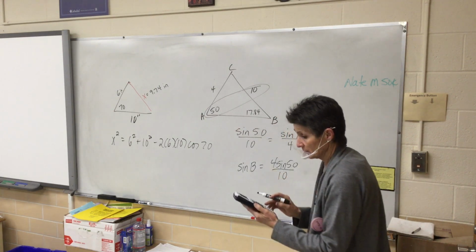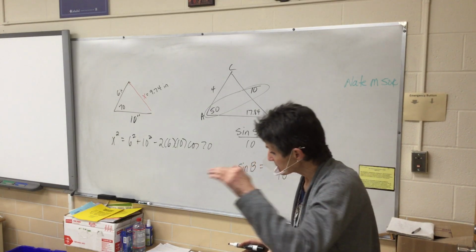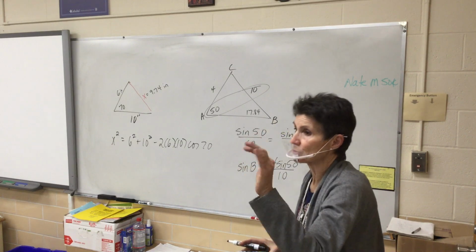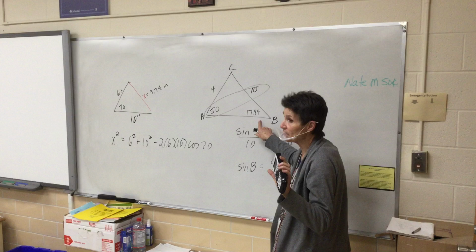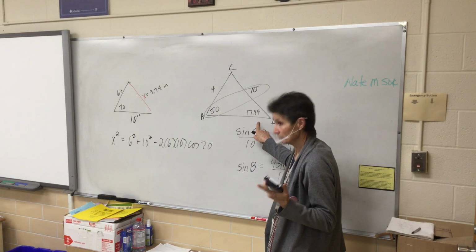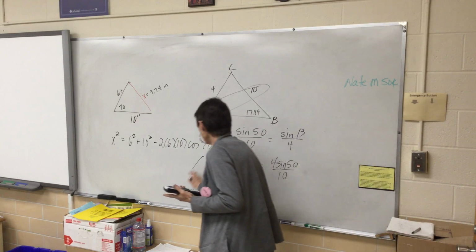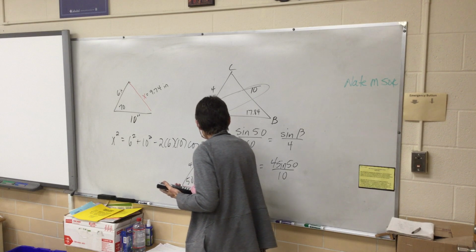17.84. Did you? Okay. So remember, your job specifically is how many triangles are possible. Because we got an answer, because sometimes we don't, we know there's at least one, right? So then to find out if there's another one, you don't have to do any more trigonometry.